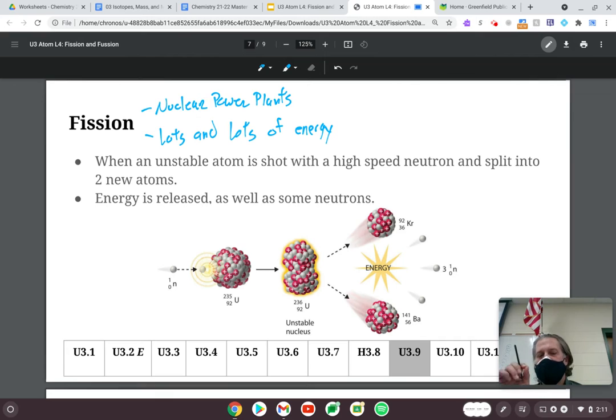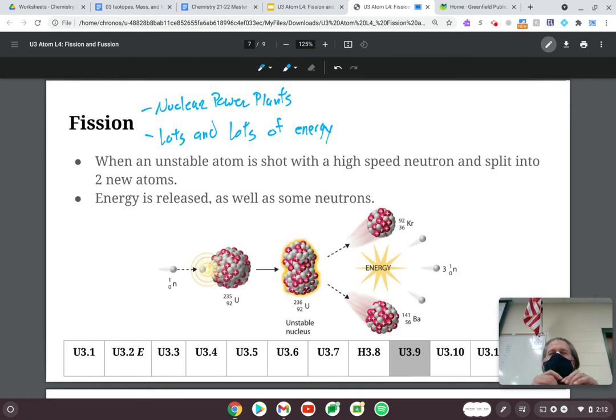Okay. And then when it does that, it creates a nucleus that just can't physically exist. And that nucleus that can't physically exist is so unstable that it will separate into two smaller nuclei. And those two smaller nuclei, hopefully, ideally, are going to be stable, but some of them are not. But it also emits more neutrons. And those other neutrons that it emits go off and run into another unstable uranium atom. And the process is repeated over and over and over again until all of the uranium is used up.